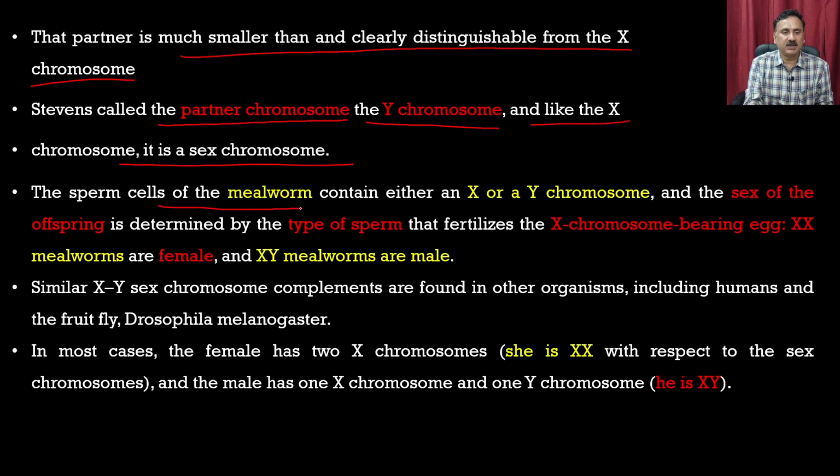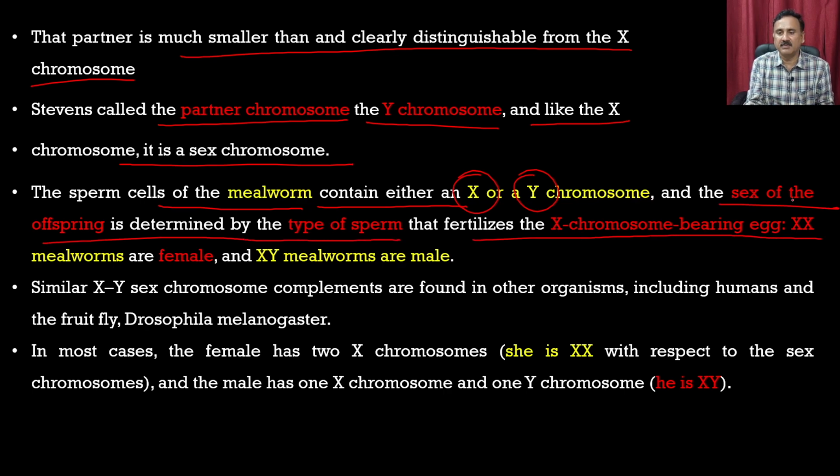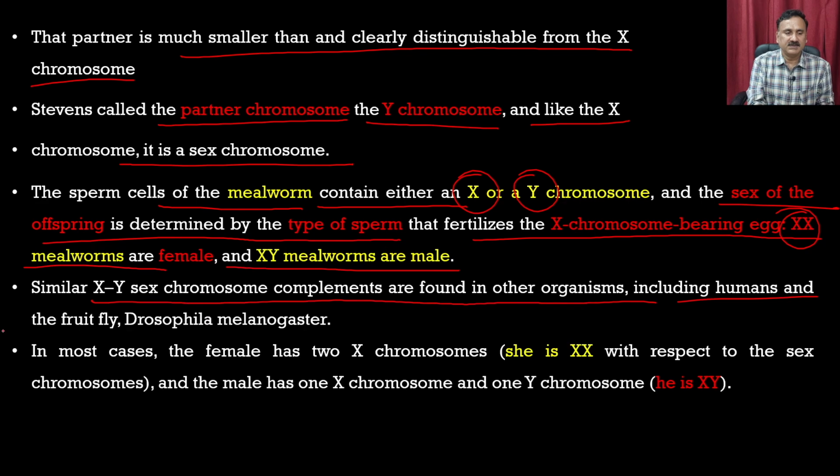So sperm cells of the mealworm contain either the X chromosome or a Y chromosome, and the sex of the offspring is determined by the type of sperm that fertilizes the X chromosome bearing egg. So XX mealworms are females and XY mealworms are male. Similar XY chromosome complements are found in other organisms including humans and the fruit fly Drosophila melanogaster.